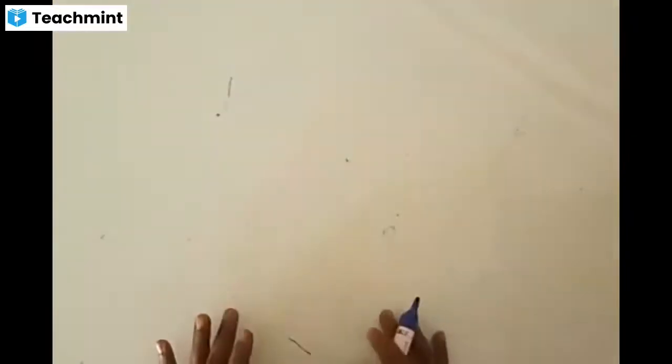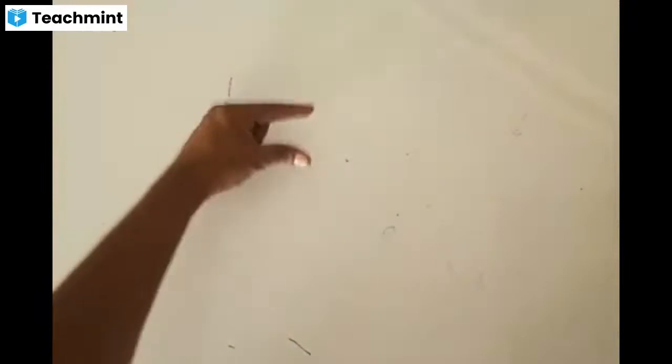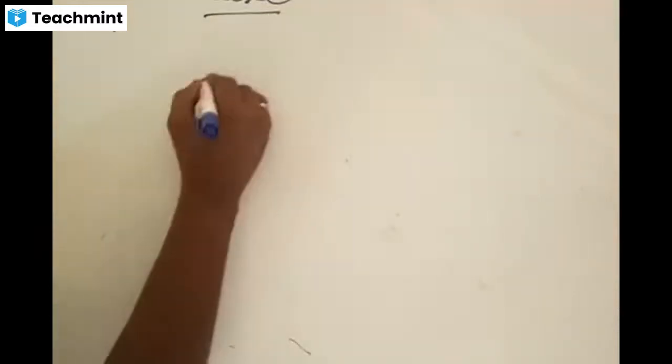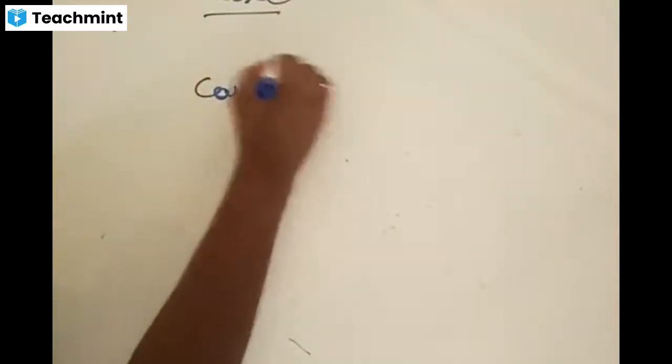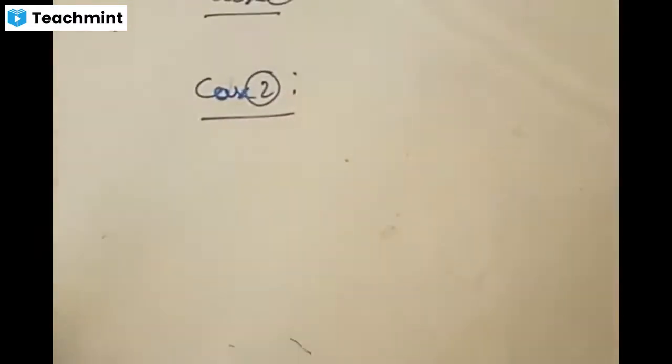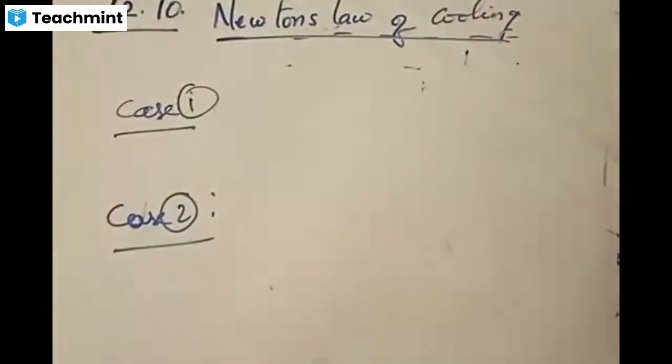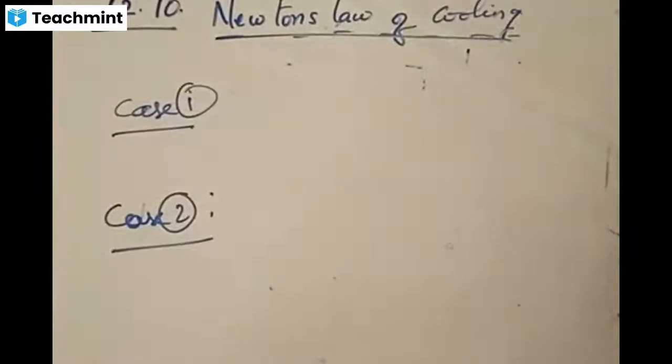There are two cases in Newton's law of cooling. Listen, Newton's law of cooling is always based on two different cases. There will be two cases in this problem. Case 1, case 2. Two temperature changes he has given: 94 to 86 and lastly 71 to 69.